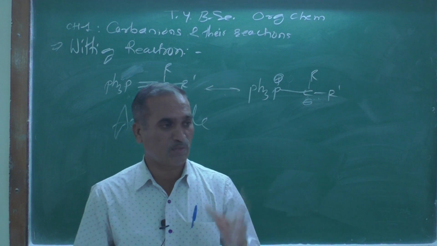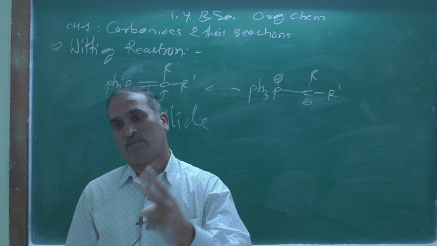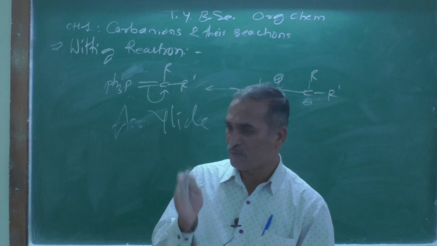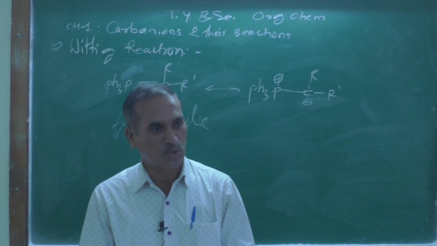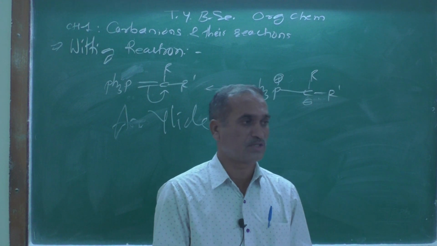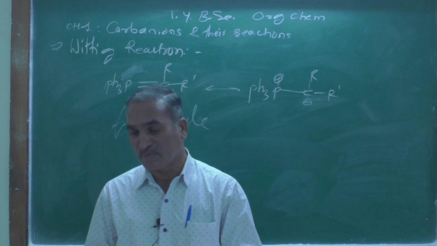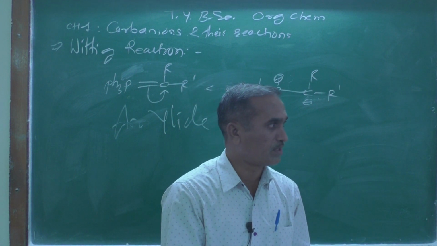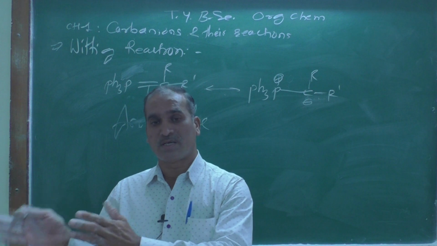After that we have seen two major synthetic reagents and their application. Some of the famous reactions like aldol condensation reaction we have seen, Claisen ester condensation reaction, then Dieckmann cyclization reaction, and then Perkin condensation reaction.